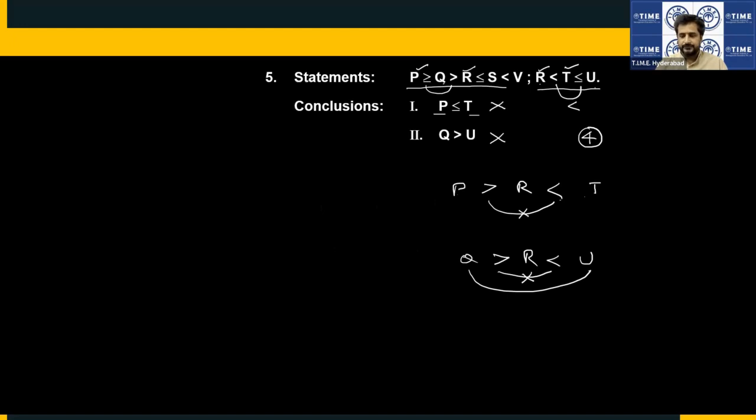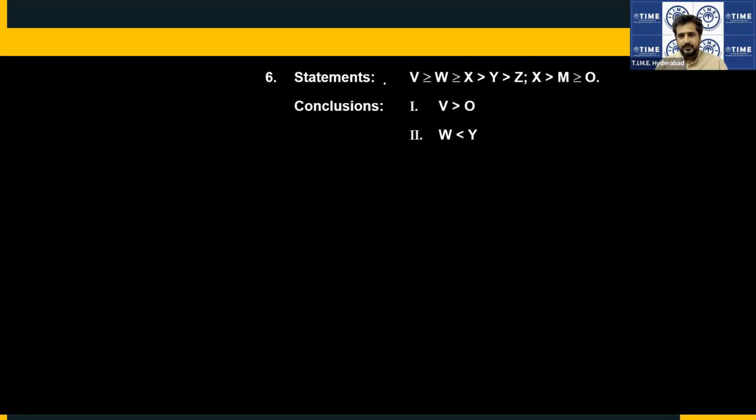Move on to the next question. We have given these two statements. Now, conclusion is between V and O. V is in statement 1, O is in statement 2. So common term is X. So let's take the X and take the V and O on either side.